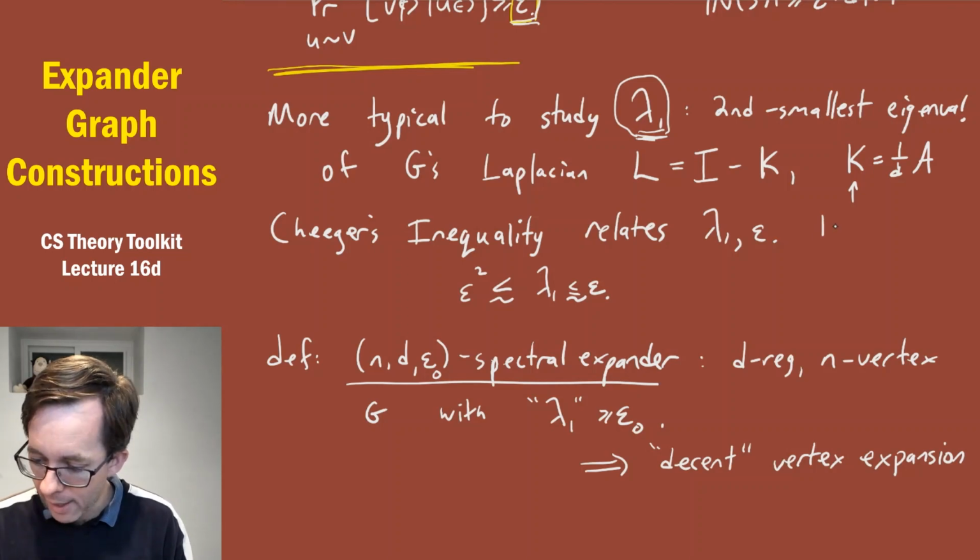They're just 1 minus the lambdas. So they satisfied that 1 is equal to kappa 0, greater than or equal to kappa 1, greater than or equal to dot dot dot, greater than or equal to kappa n minus 1.